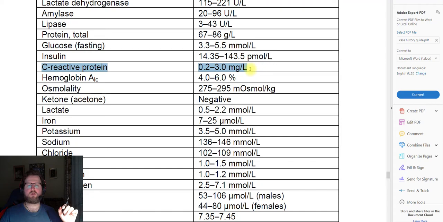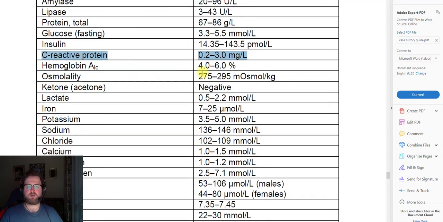C-reactive protein, or CRP, that's an extremely valuable parameter if you suspect acute inflammatory process, either peritonitis or some inflammatory process inside the abdomen, or acute appendicitis, or cholecystitis. If this parameter is increased, you can be definitely sure that this patient has developed already the acute inflammation.